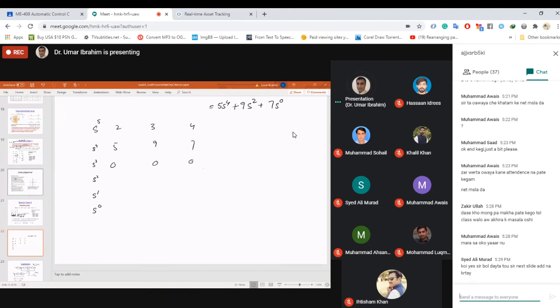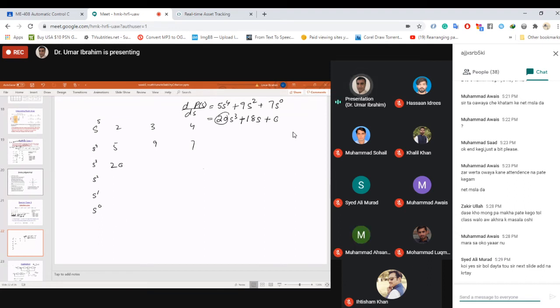So you can come up with the polynomial A of s, write it P of s, and then differentiate this polynomial with respect to s. If you differentiate it, you will get 20s cubed plus 18s plus 0.